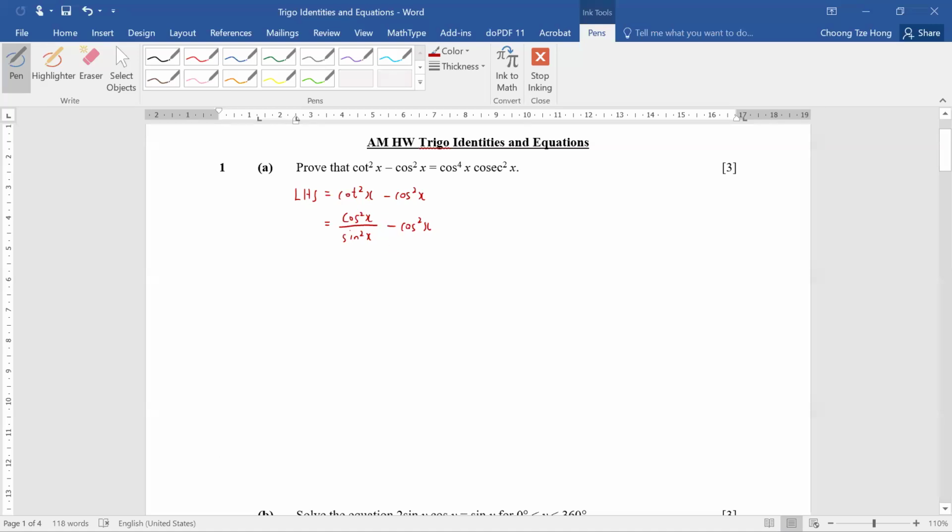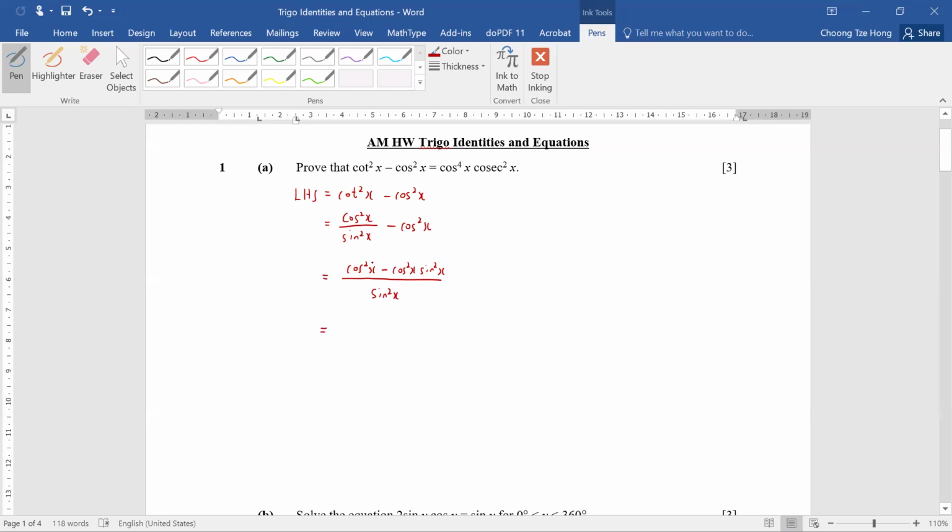We need to make a common denominator. If we make a common denominator of sine square x, this is what we'll end up with. Over here you have cosine square x minus cosine square x sine square x. So now we have at least combined to a single expression already.